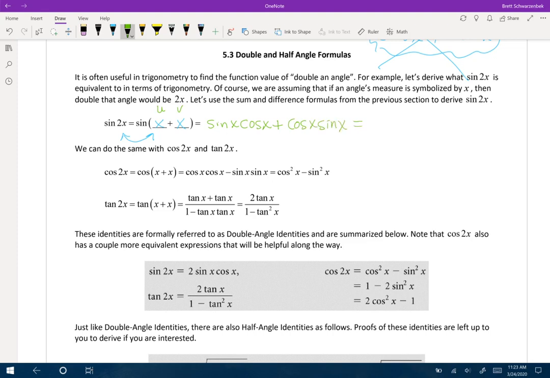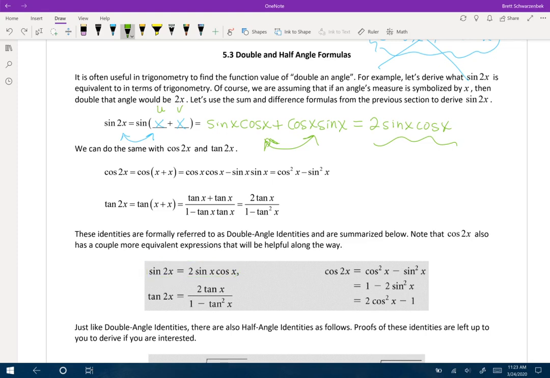If we look at these two quantities right here, these are exactly the same quantities. So we can rearrange them, but either way, we have two of them. So our formula is the result, which is 2 sine x cosine x. So you can see right here, we have this as our first formula in our gray box over here.